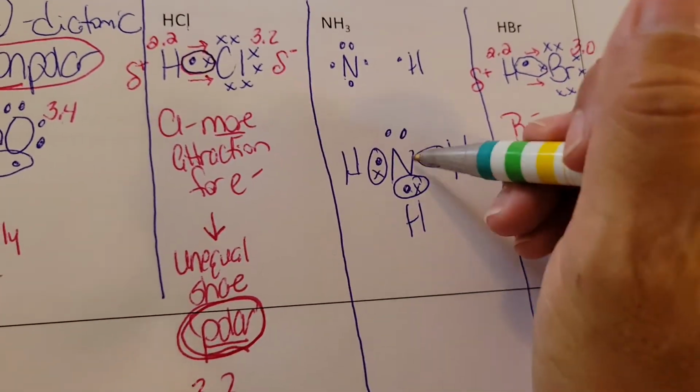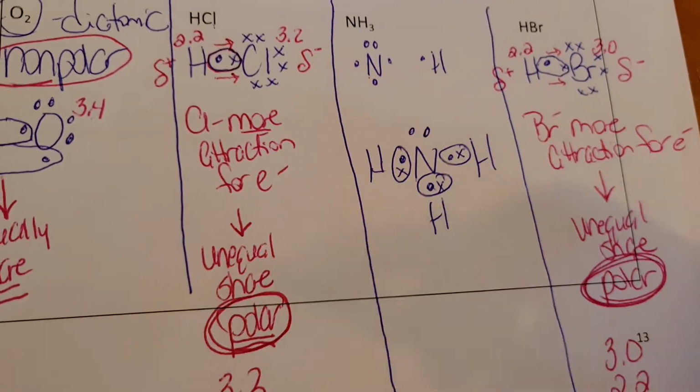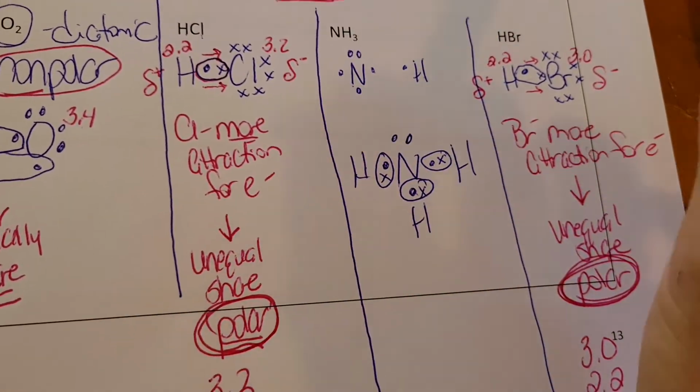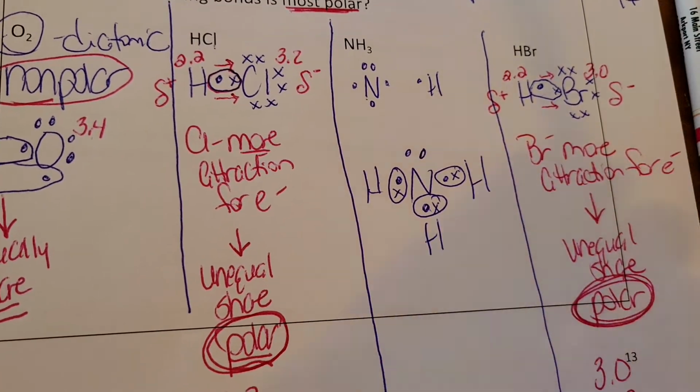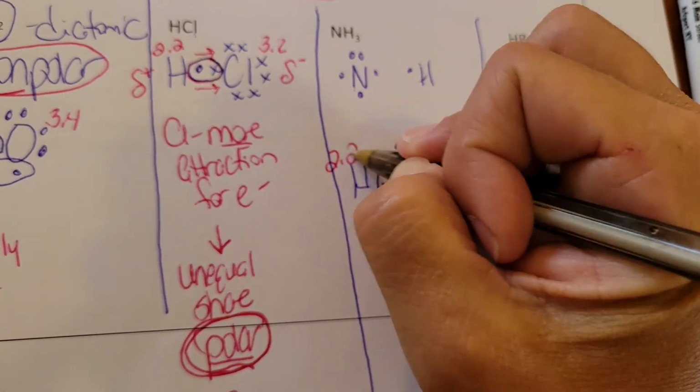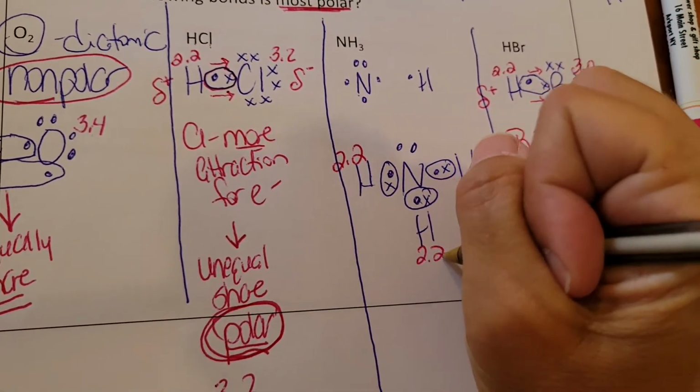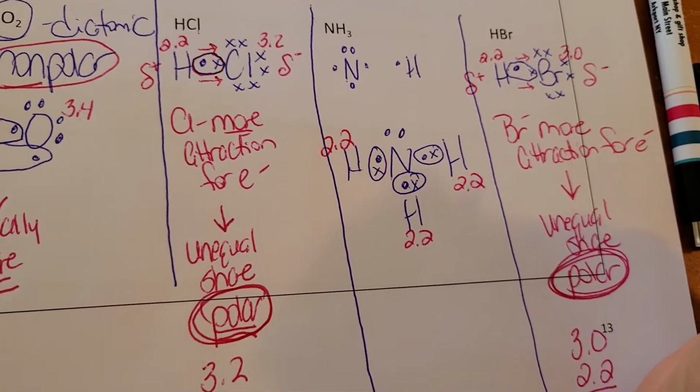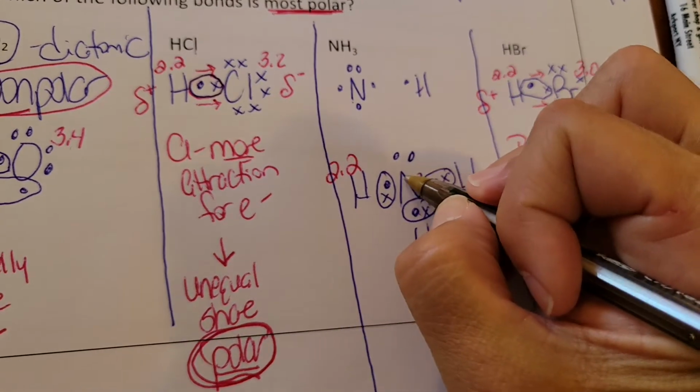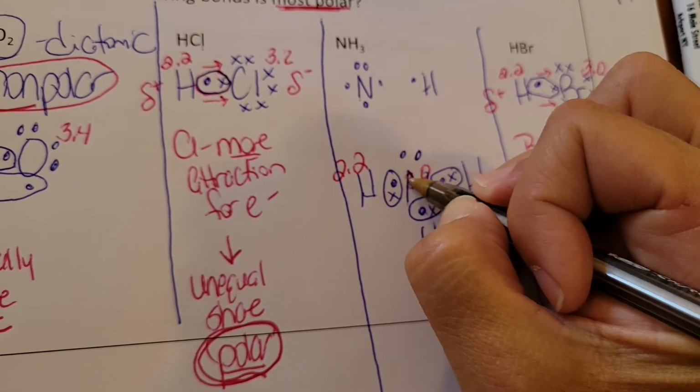So we've got 3 bonds. They're all the same bond, nitrogen and hydrogen. So if we go ahead and we look up hydrogen's electronegativity, we know is 2.2. So I'll just put it on each one of these. And nitrogen, if we look up, is 3.0.